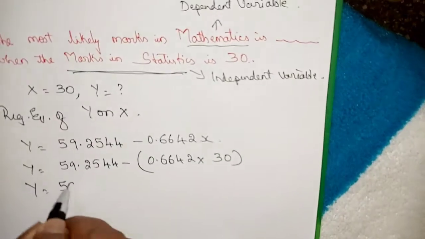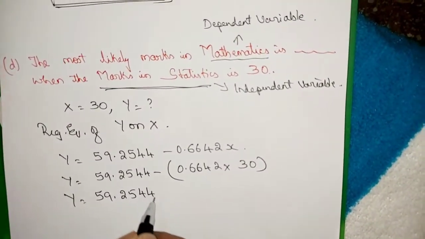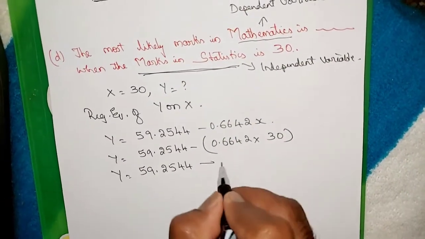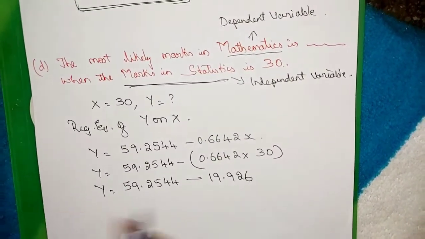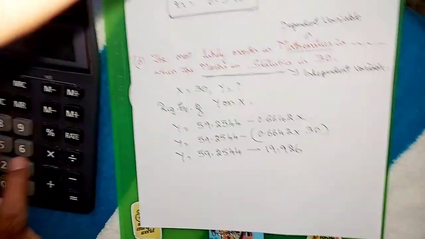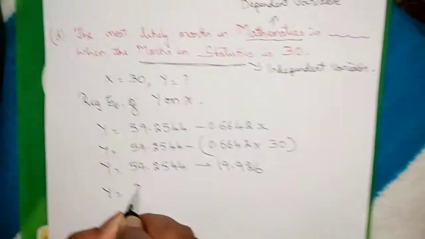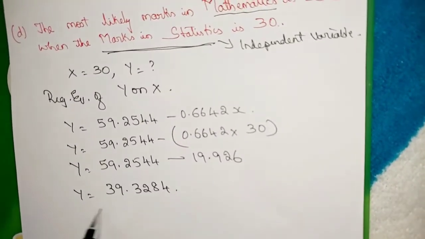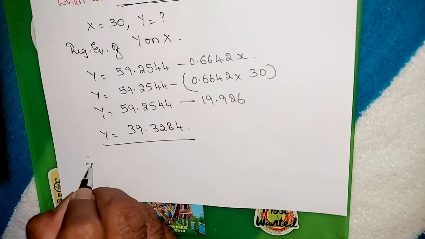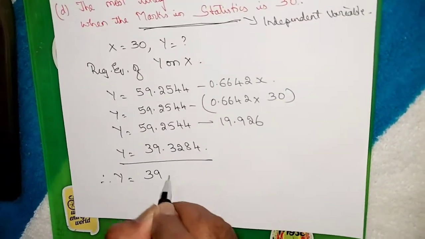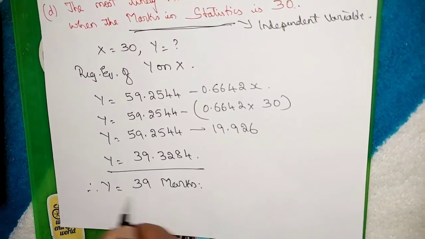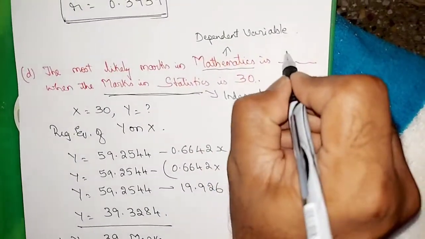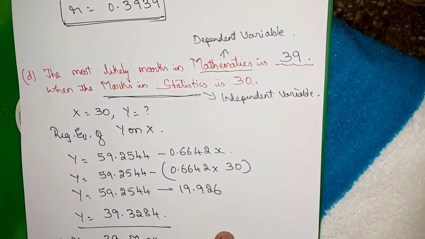Y is equal to 59.2544 minus 30 into 0.6642, which is 19.926. Therefore, y is equal to 39.3284. In other words, y is roughly around 39 marks. So the marks in statistics is 30. The marks in mathematics is most likely to be 39.